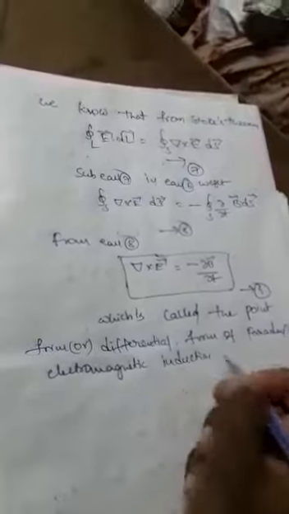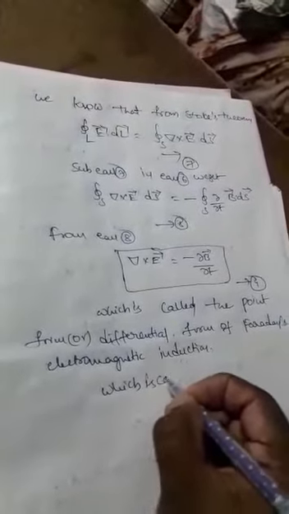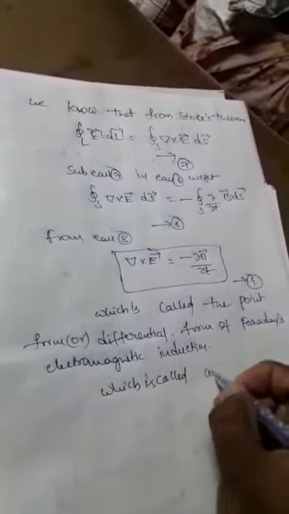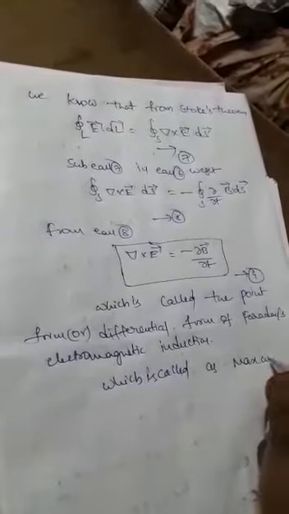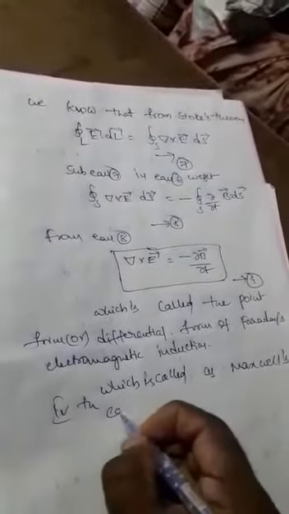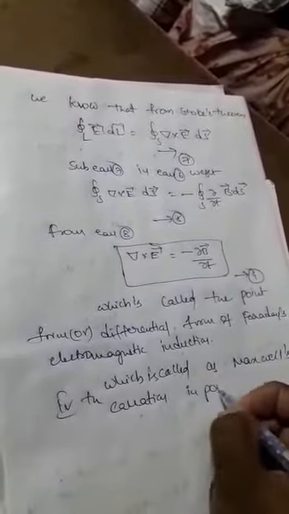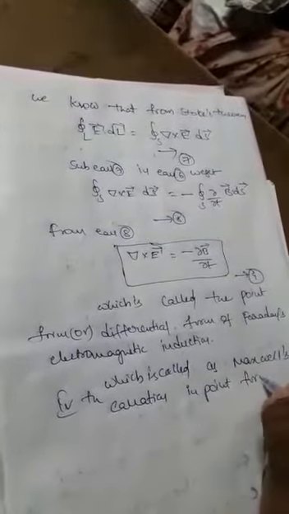Or which is also called Maxwell's fourth equation in point form or differential form. And equation 6 is called the integral form of Maxwell's fourth equation.